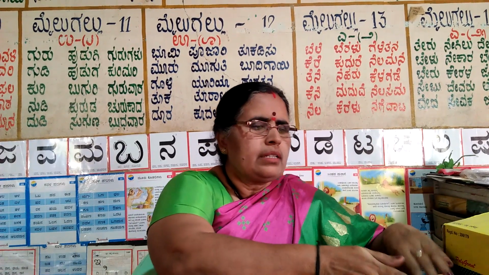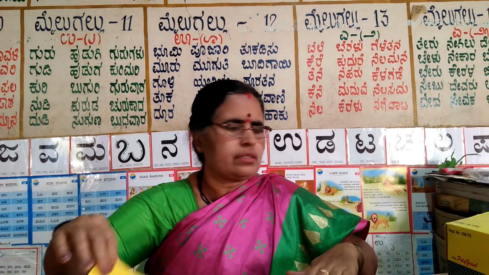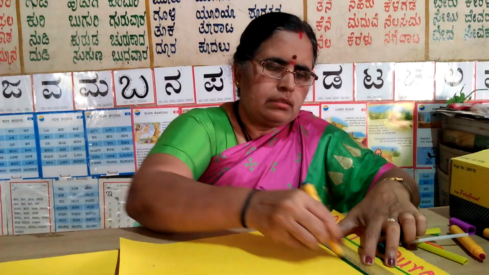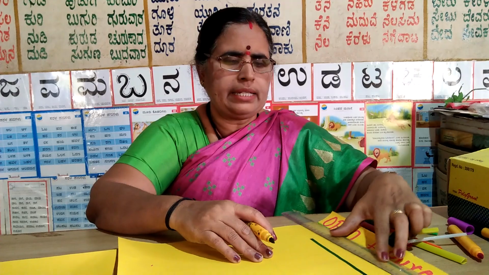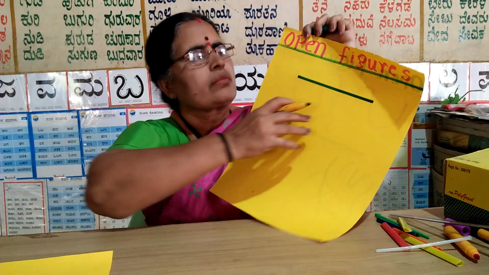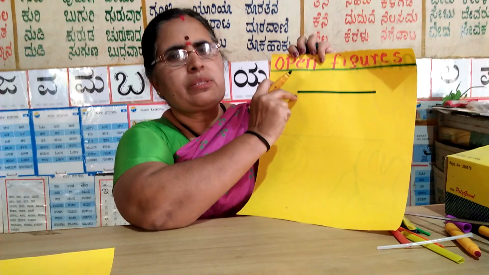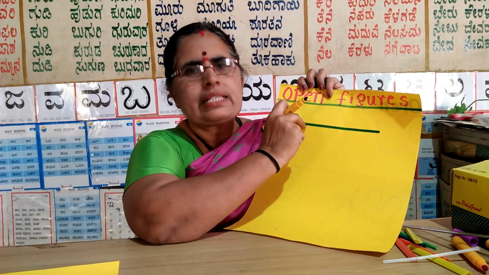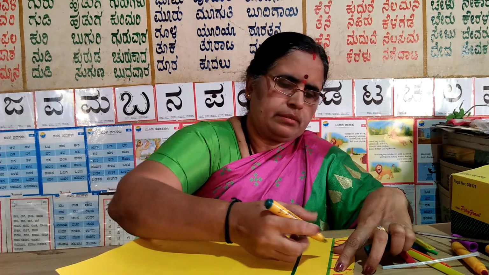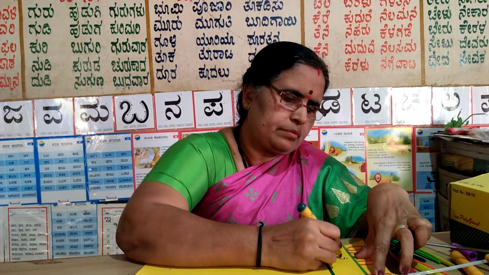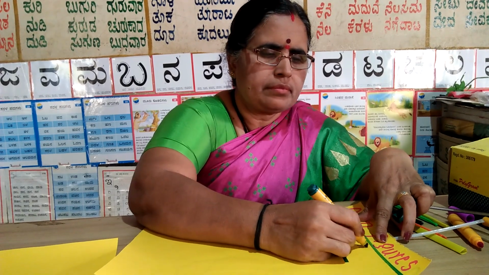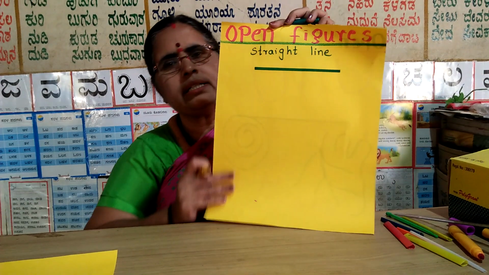Now, when we talk about a straight line, it begins at one point and ends at another point. The line is very straight, so it is called a straight line.